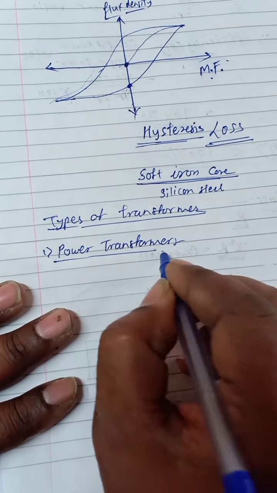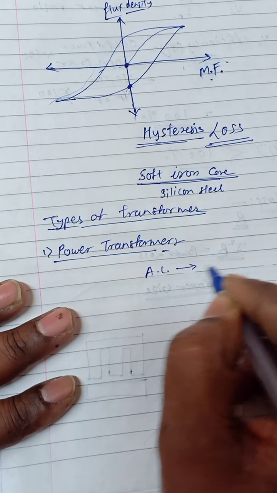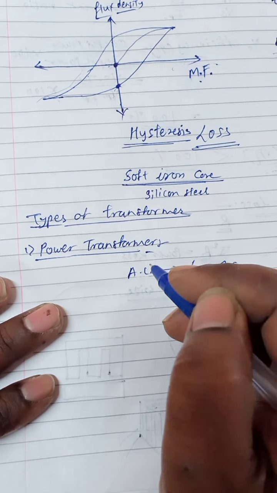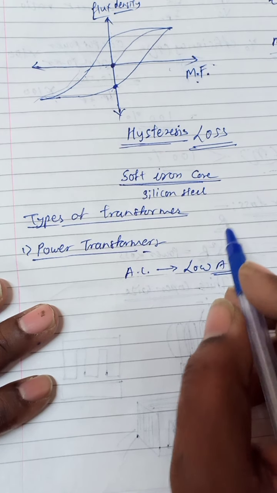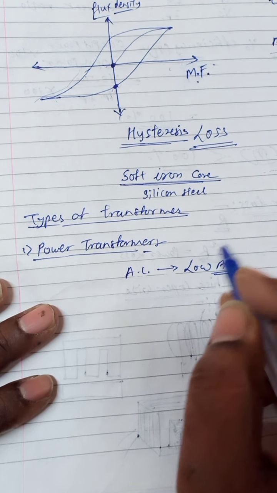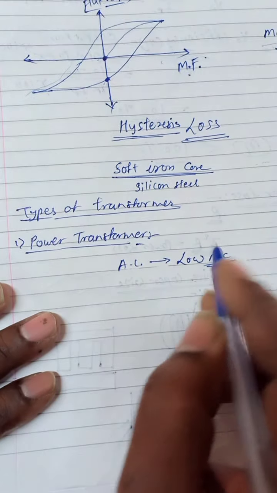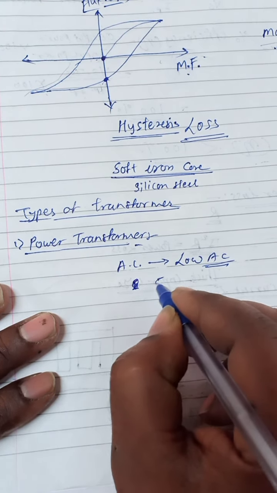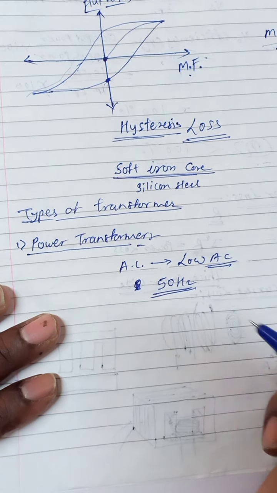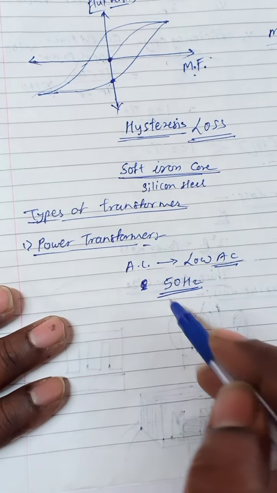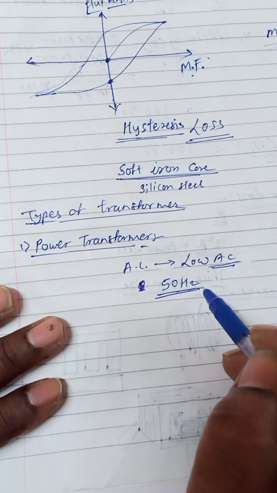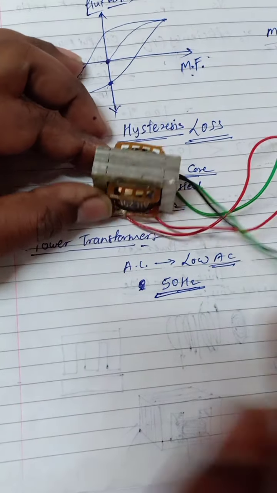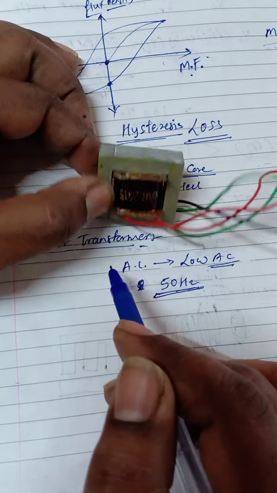The primary is connected to AC, which is converted to low AC, and after that it is rectified using a rectifier. Such transformers are designed for a 50 hertz frequency, and this type of transformer works on 50 hertz frequency.